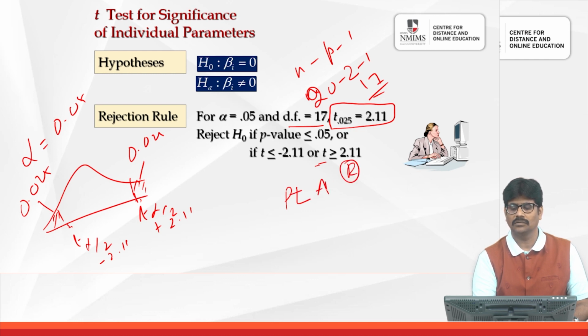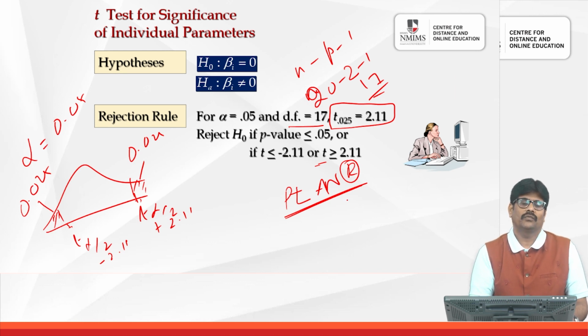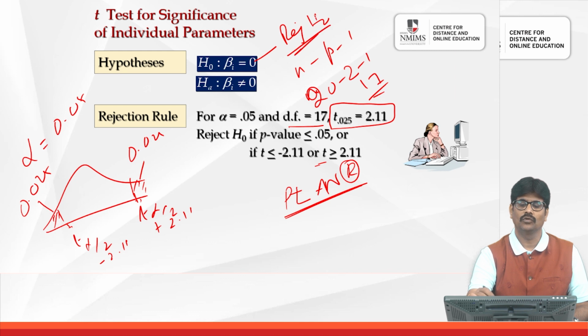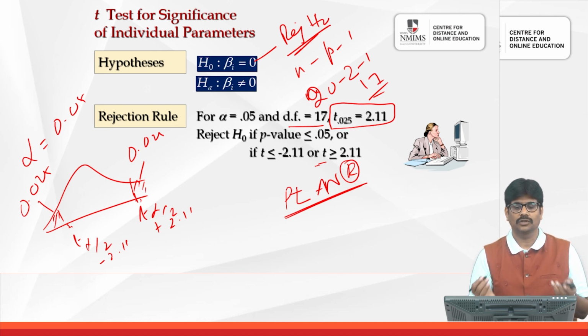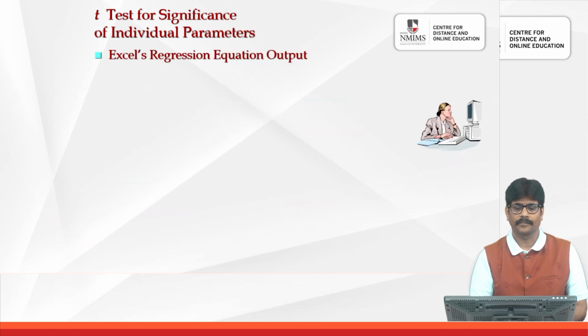Hence you reject the null hypothesis, which is your plan R. Either way we end up saying that beta i, the coefficient, is not equal to 0. So, we reject the null hypothesis, which is our good news. Overall model significance is good up to our liking, and individual significance is also good up to our liking.